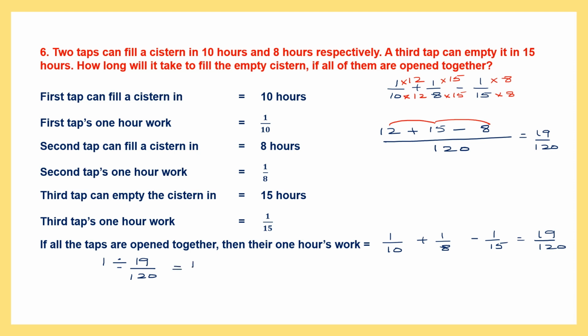So this will be 1 into 120 by 19, which is an improper fraction. So we need to convert it to a mixed number. And the mixed number will be 6 and 6 by 19 hours. This is the time taken if all the taps are open at the same time. So this is our final answer.